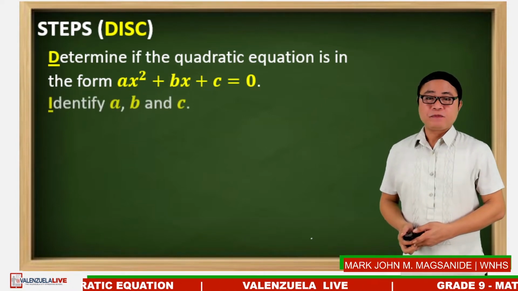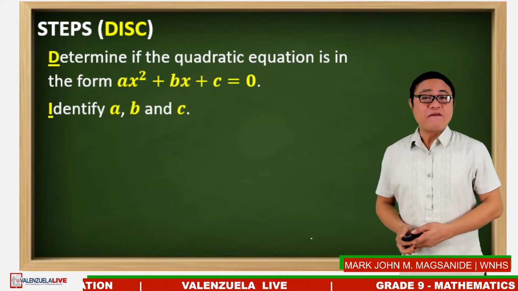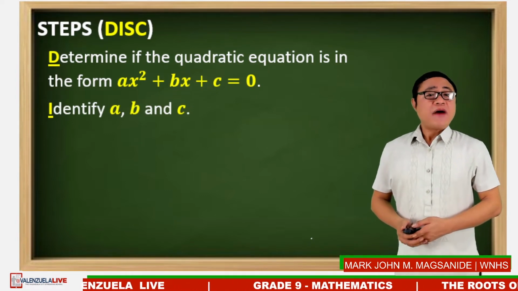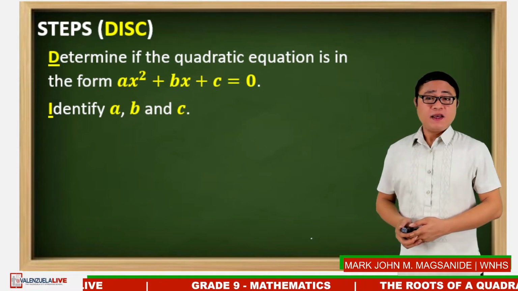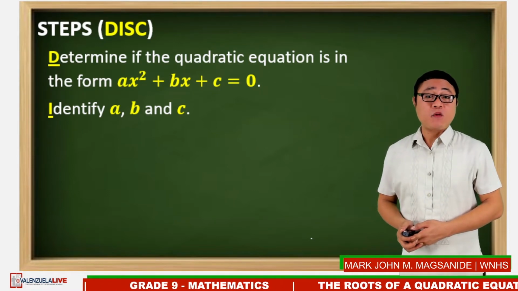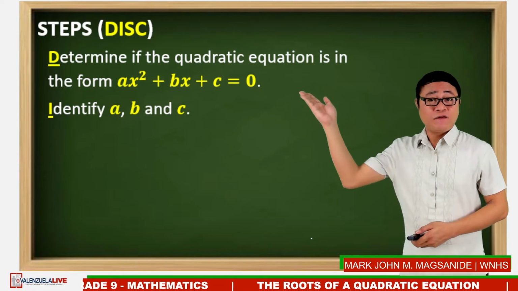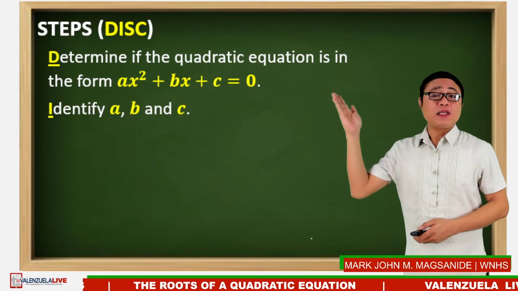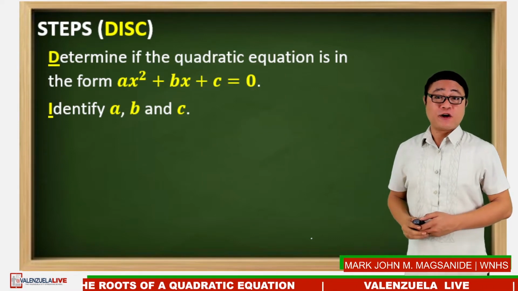Next is I. I stands for identify the values of a, b, and c. The values of a, b, and c will be coming from the quadratic equation written in standard form. This is the reason why you must always express the quadratic equation in standard form.